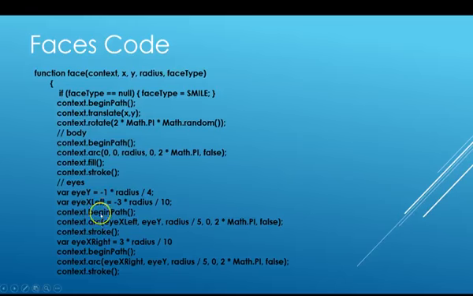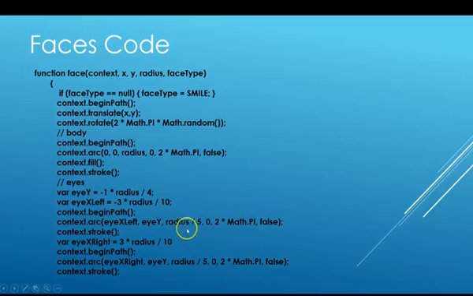So we calculate those. We begin the path. We draw the left eye with the left X and the Y. Notice the radius divided by 5. And then a 0 to 2 math pi means a complete circle. Again, the false doesn't matter here because I'm drawing a complete circle.